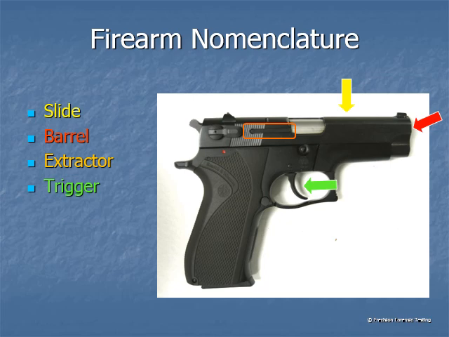Pulling the trigger causes this hammer to go back, spring loaded, and hit the ammunition and cause the firing. And there's also a safety, which is important in case you accidentally hit the trigger.